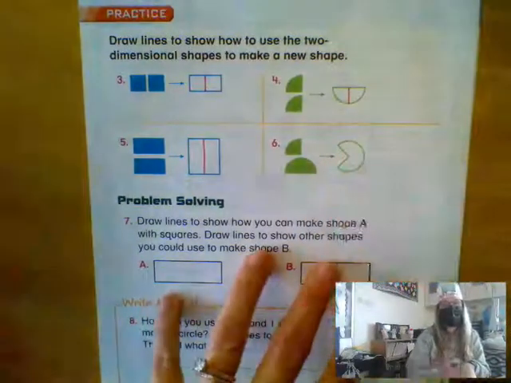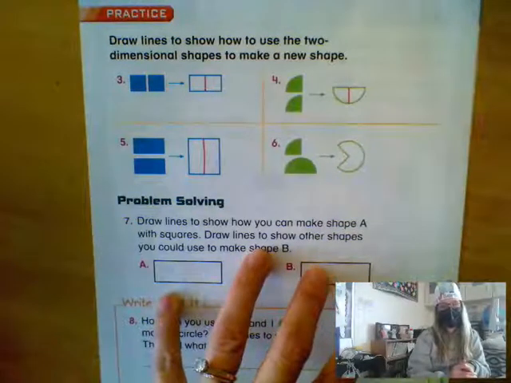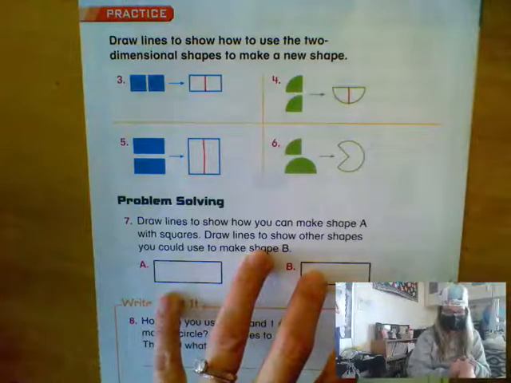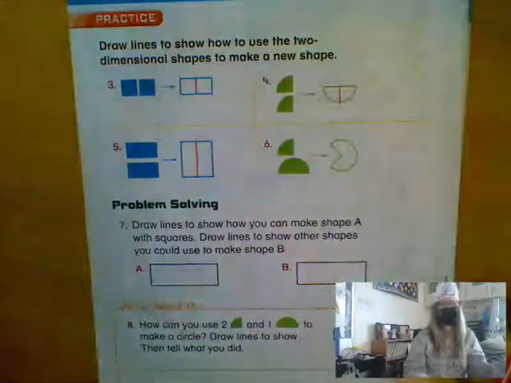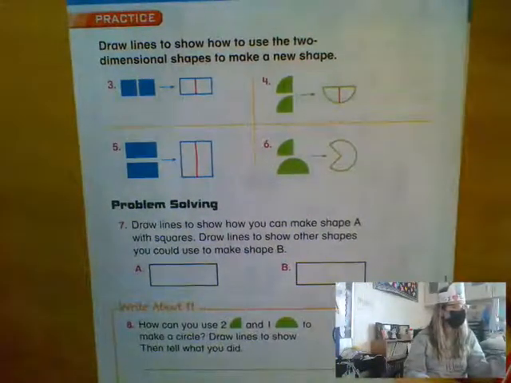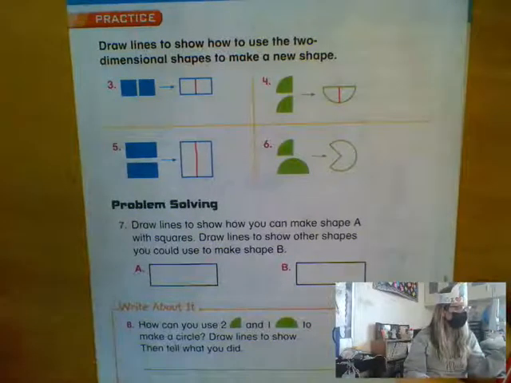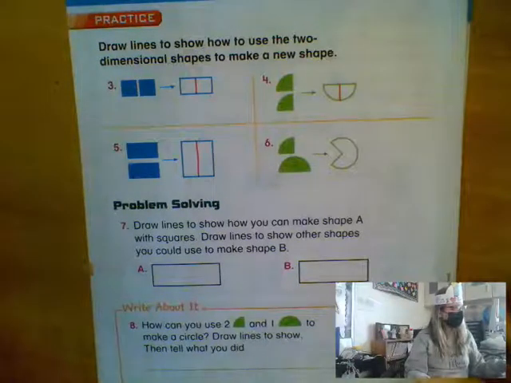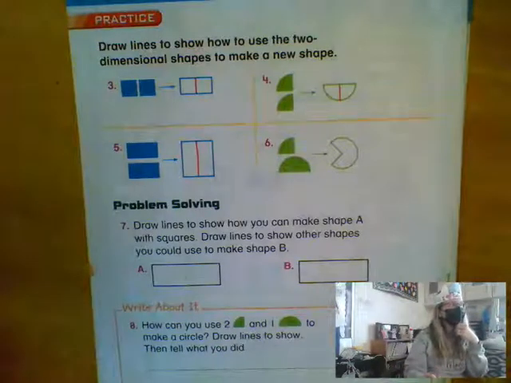Drew, how would I do it? Where would I put my line? Not sure?